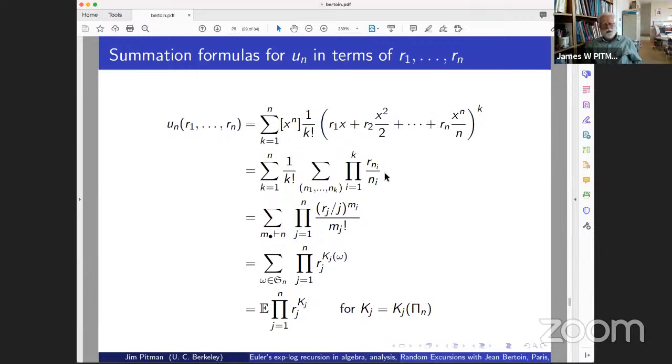Now, the most elementary way to handle that is to do a sum over compositions of n. So here's a sum over compositions of n into k parts, and you just extract what you see in these powers. And then you realize that all of the compositions that map to the same partition are all going to give you the same thing.